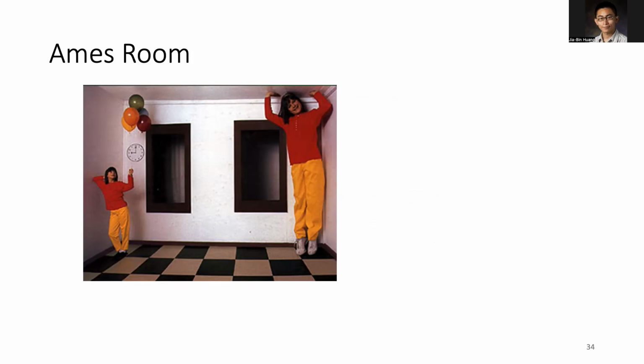This is not a digital process. This is the exact physical space, and the two people are in this room. But because this room is oriented in a way to fool you, from this viewpoint the grid looks perfectly normal, but now you see that the people have very different sizes.